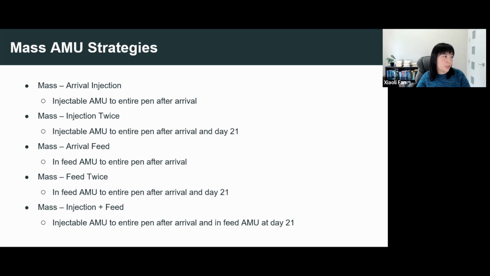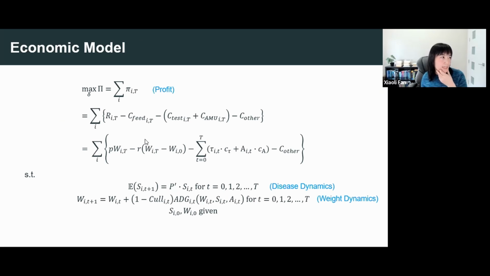We assume there could be just arrival injection. There could be arrival injection plus injection again at day 21, or the next two are no injection, just in feed. And the last one is a combination of injection and feed. So different types.